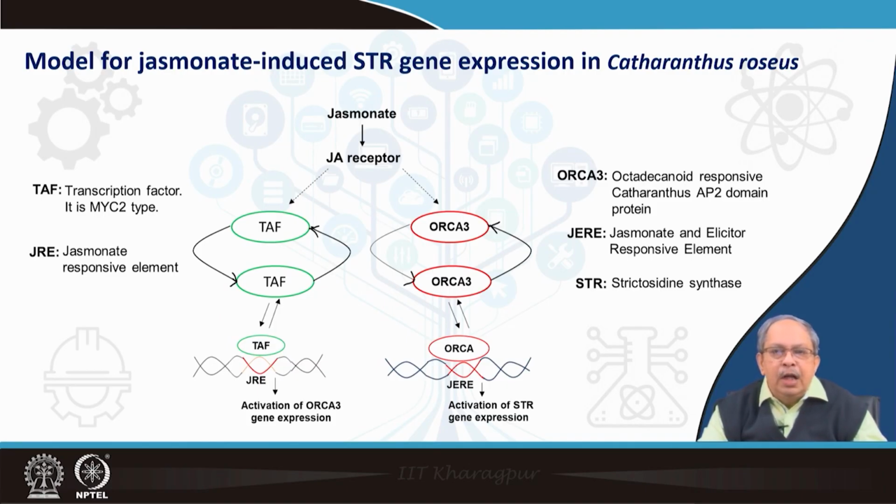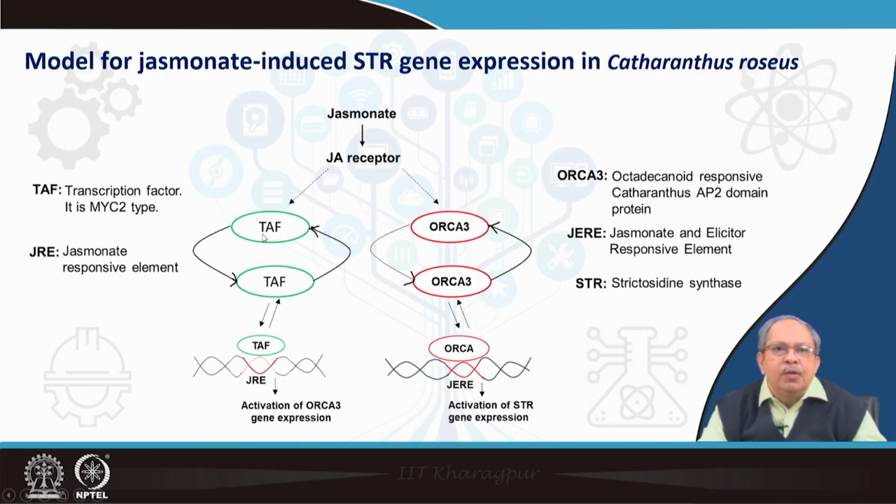When jasmonate is added in the cell culture, it is recognized by the jasmonate receptor in the cell membrane, and once it is recognized, along with the activation of G proteins, ROS and MAP kinase, eventually it activates transcription factors specific to jasmonate. In the DNA of the cell cultures there are jasmonate responsive elements.